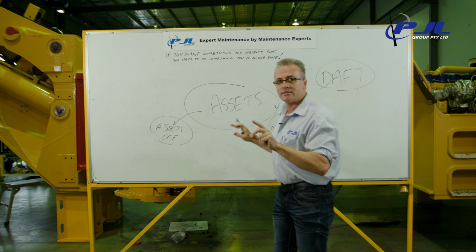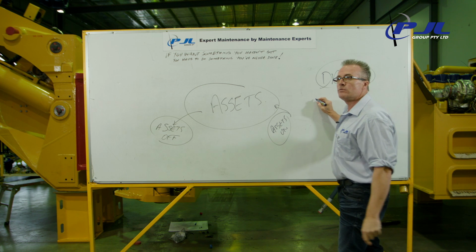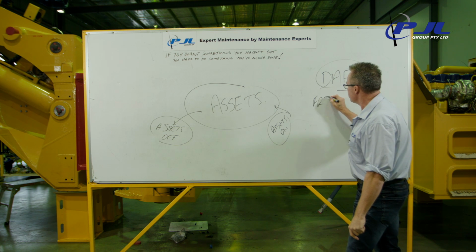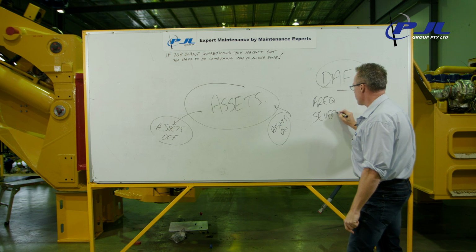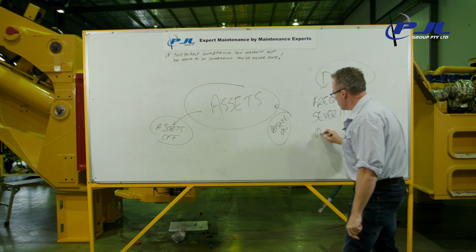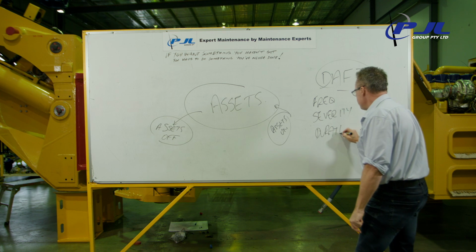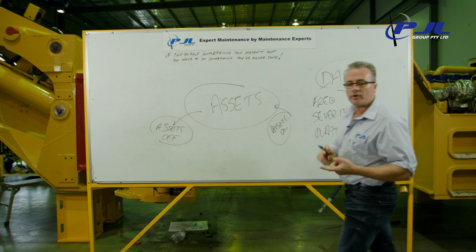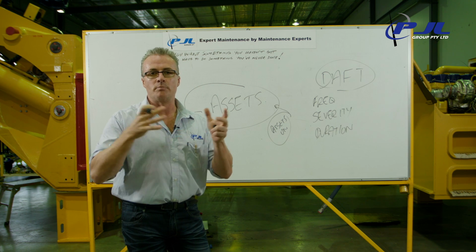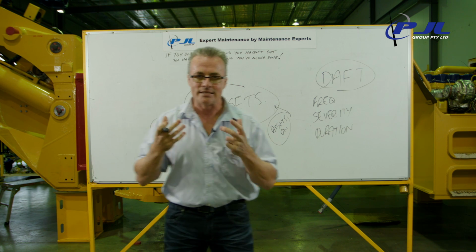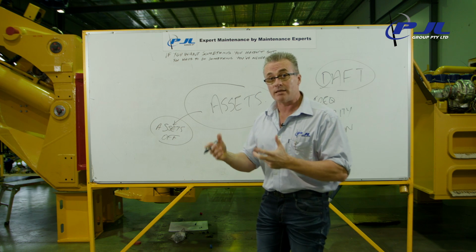So we looked at the defects and failures, and we looked at the frequency, the severity, and the duration. When you look at frequency and severity and duration of failures, that starts to build you a picture and you begin to understand what that means for you in asset management.